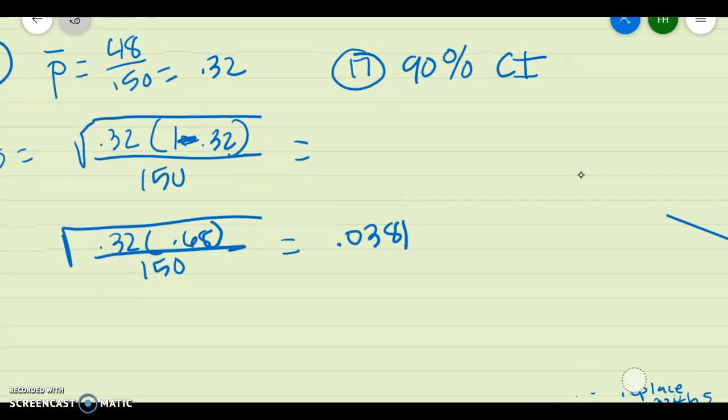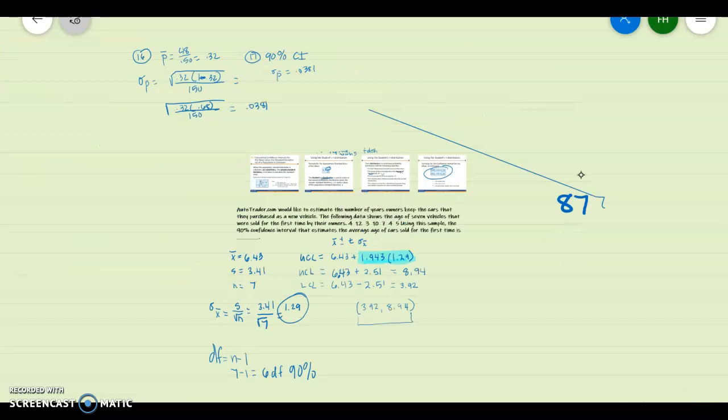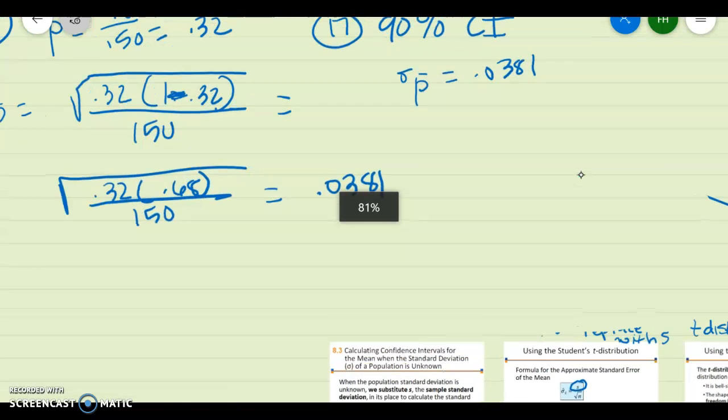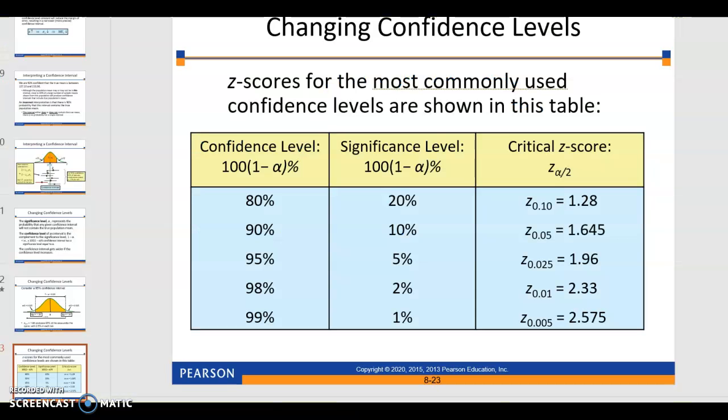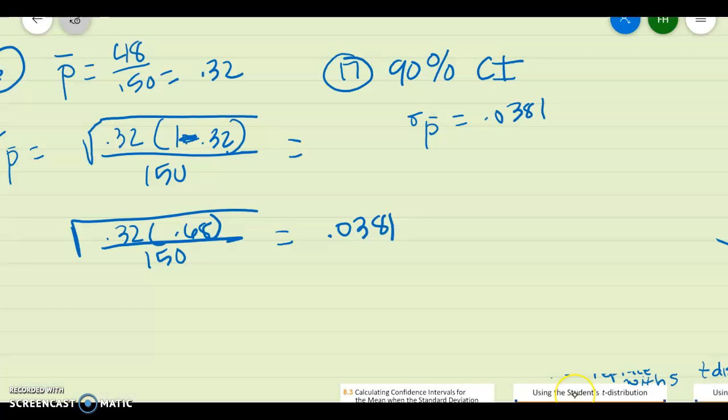So what we want to do is use our standard error of our proportion, which we already found, which is 0.0381, and the critical value here that we're going to use with the 90% confidence interval is the z value on the table in your PowerPoint. Apparently they said 95%, but when I worked it to get the right answer, it's really 90%. So I changed the problem to 90%.